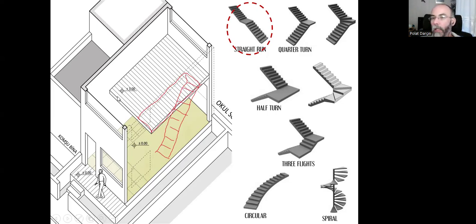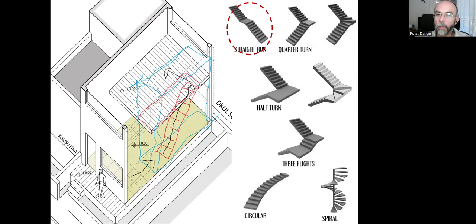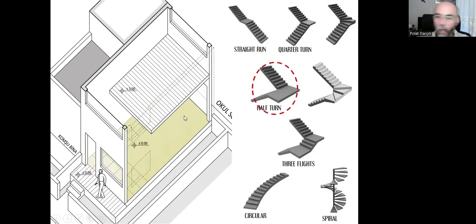The usable area of the first floor will become smaller because we need that stairwell there. The users will start walking here, take the stairs, and turn 90 degrees in order to reach the first floor, the office area.